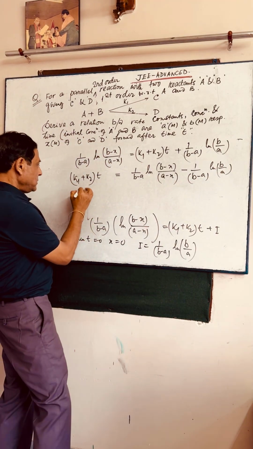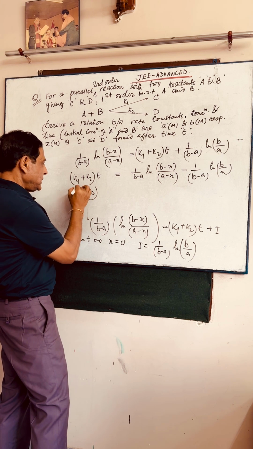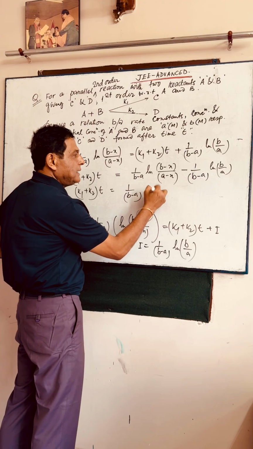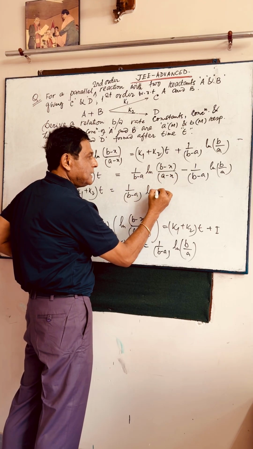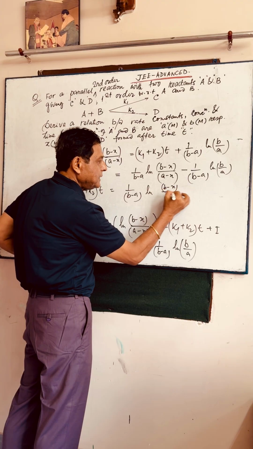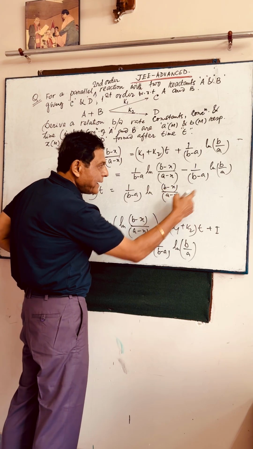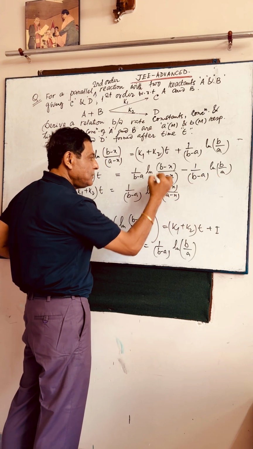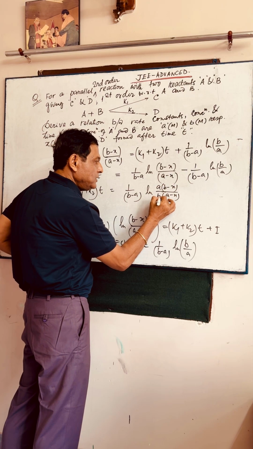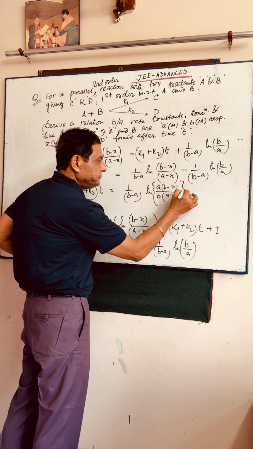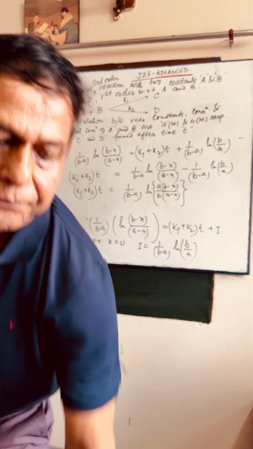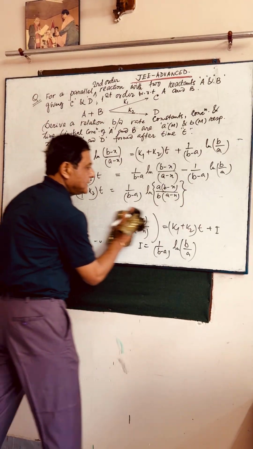Now finally it will come out: (k1 plus k2) into t is equal to 1 by (b minus a) ln of this minus this, meaning ln of ((b minus x) by (a minus x)) divided by (b by a), so a will go up: a into (b minus x) and b into (a minus x). So this is the final derived integrated rate law.